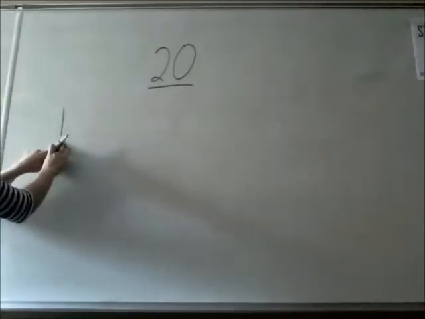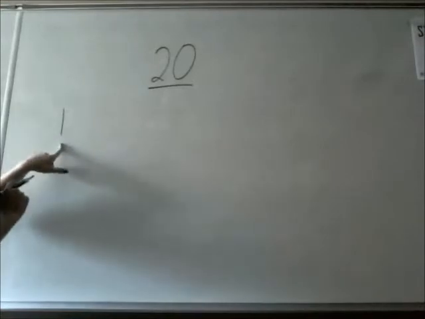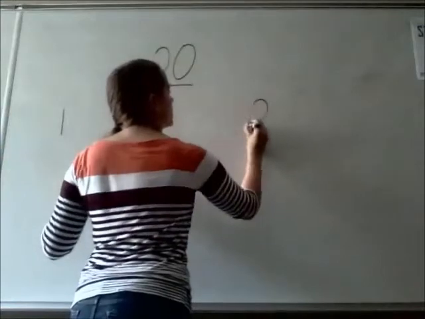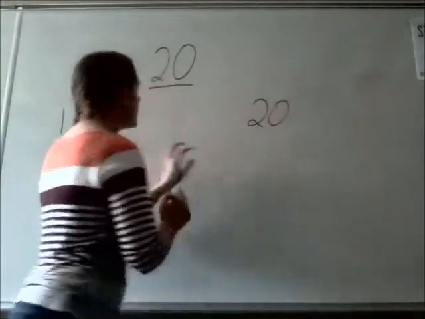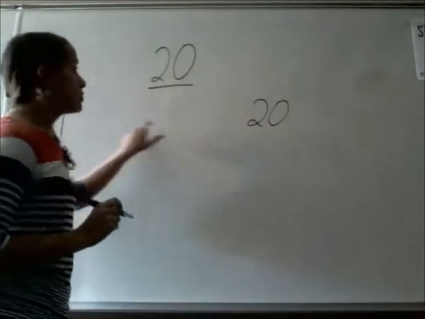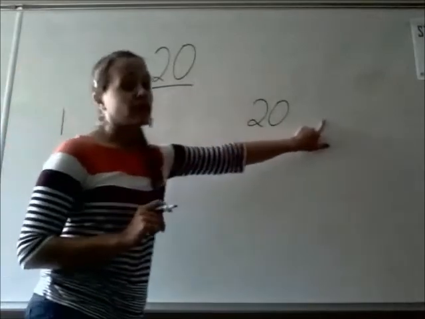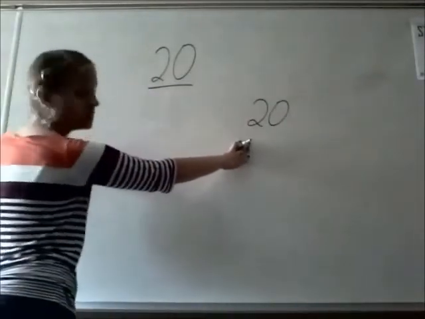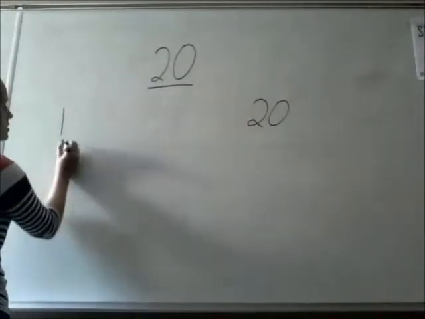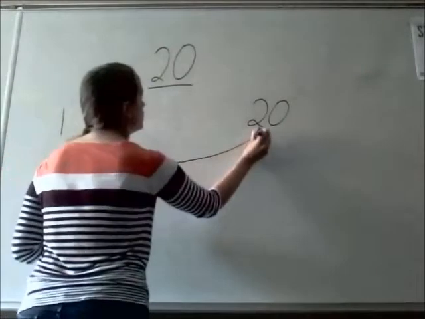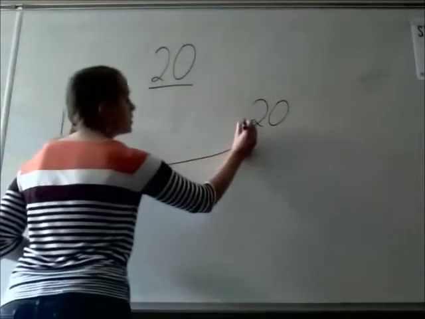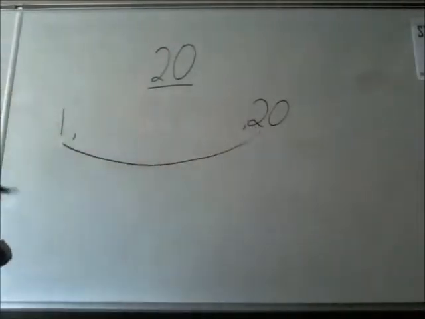So we're going to put our 1 to the furthest left and we're going to put our 20 all the way over here on the right. And since 20 is our product, we wouldn't be looking for anything higher than 20. So we know 20 and 1 are multiplied together to create a product of 20. Now I'm going to put a comma because there are more factor pairs here.